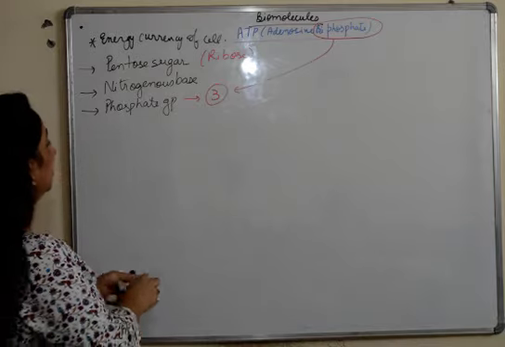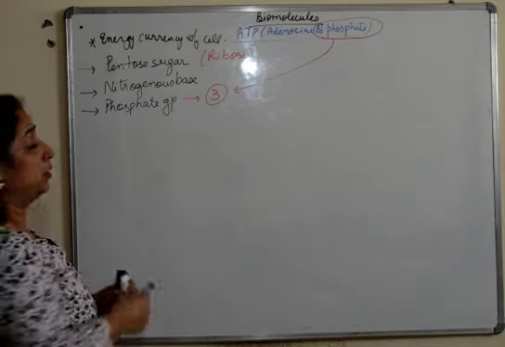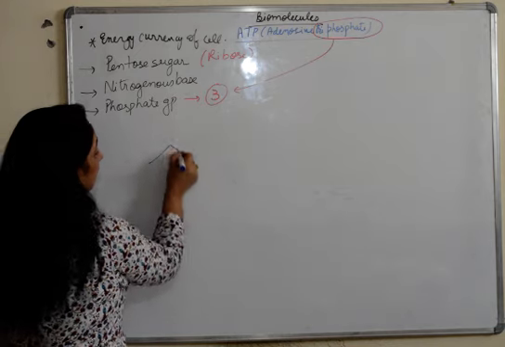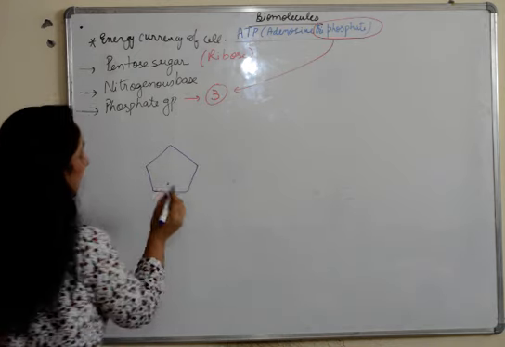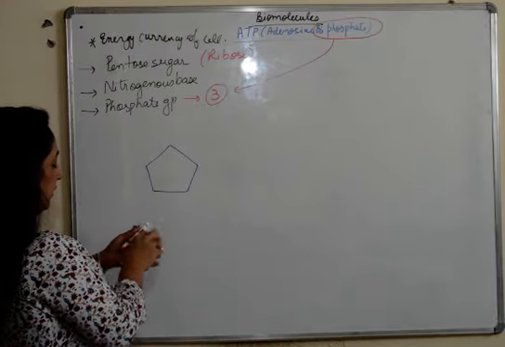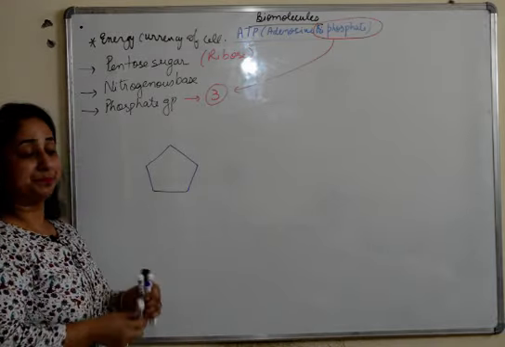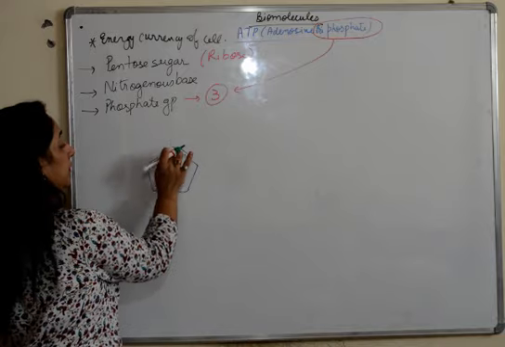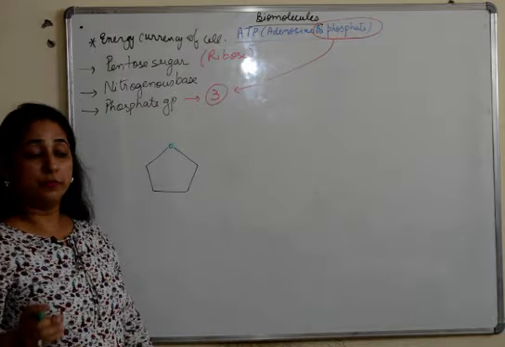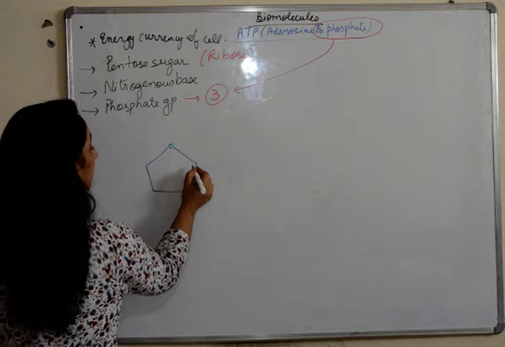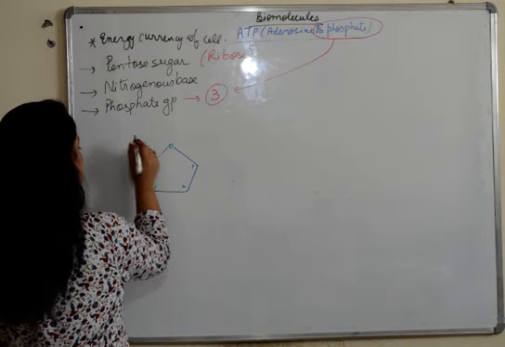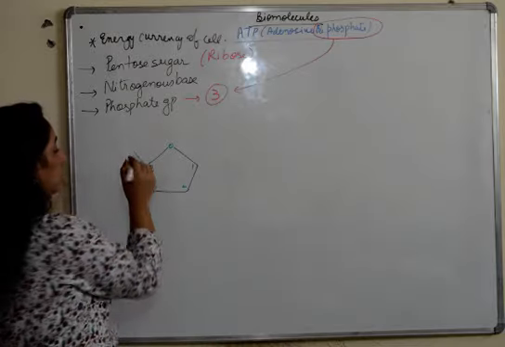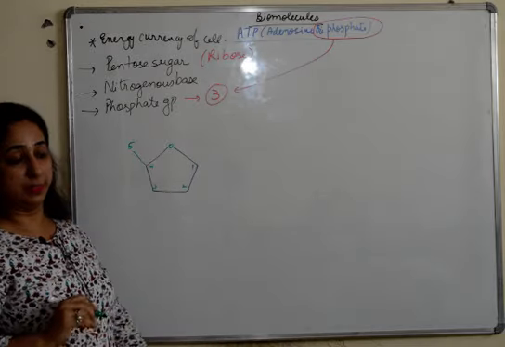Now if we make the structure of an ATP molecule, it's a pentose sugar, so the cyclic structure will be like this. Then we have the attachments, starting from carbon 1, 2, 3 and 4, and this is the 5th carbon.